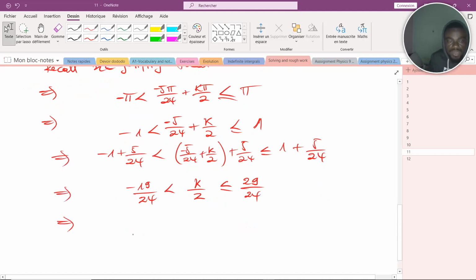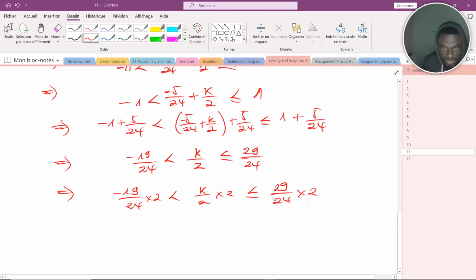So I'll multiply all through by 2. Now you see that we are multiplying by a positive whole number, so there's no need of changing the inequality sign.